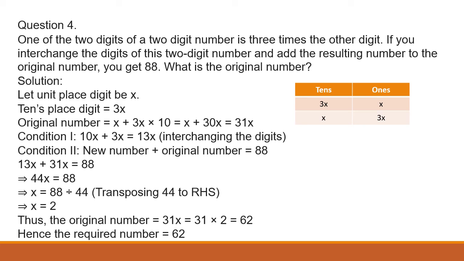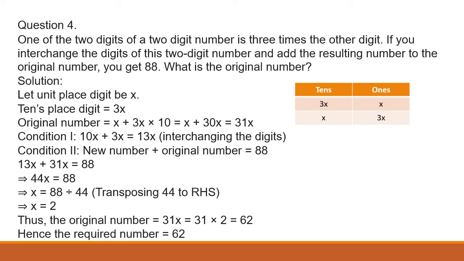Children, let us take the first condition, the original number, first. The original number is x plus 3x into 10. Because see here, this is the original number: x is in the ones place, so write the x as it is, plus 3x. 3x is in the tens place, so 3x into 10.